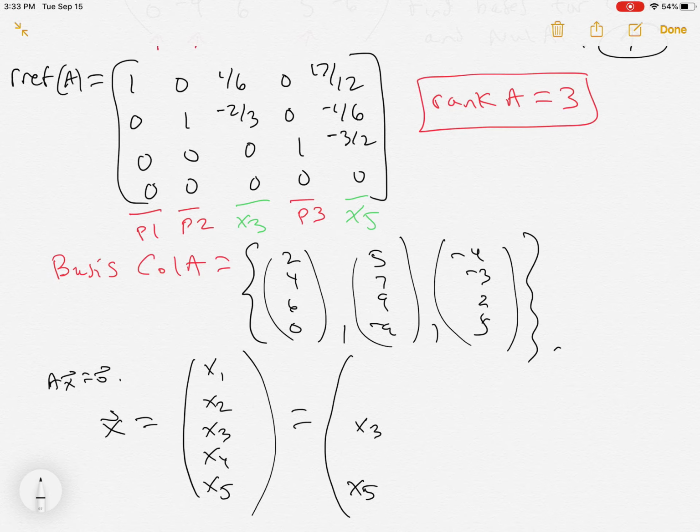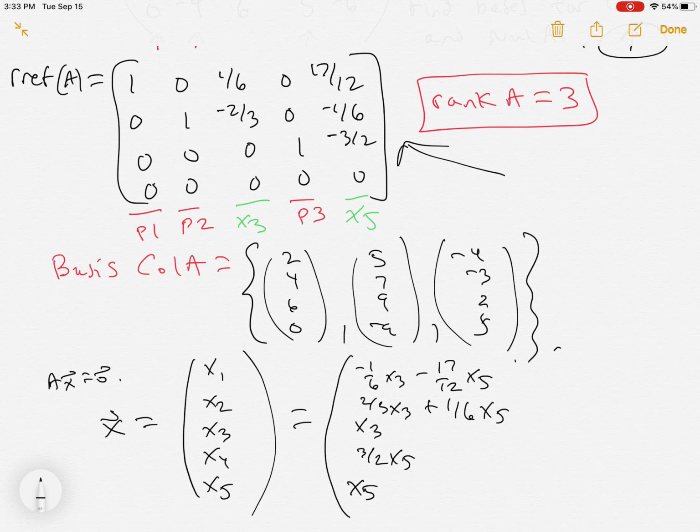And you get that from reading this matrix up here. So x1 turns out to be -1/6 x3 -17/12 x5. And x2 is going to be 2/3 x3 plus 1/6 x5. x3 is free, so it sits there. x4 is 3/2 x5, and x5 is free.